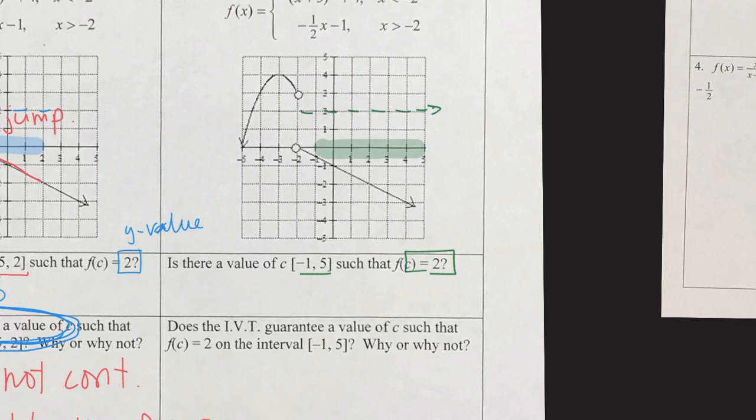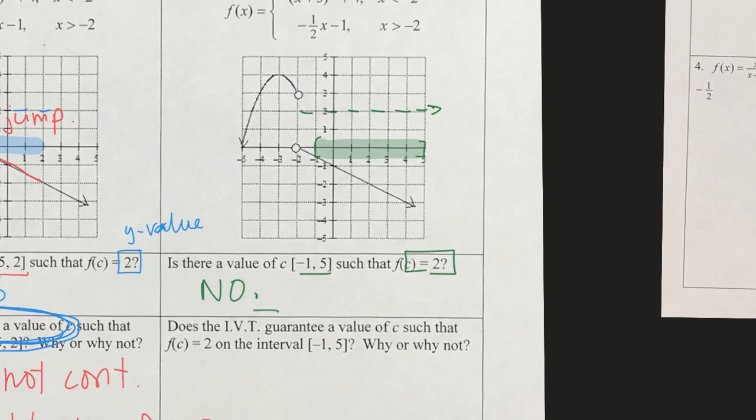Does the line y equals 2 cross our graph anywhere? No, it does not. So there's not a value of c such that f of c equals 2. That graph does not cross positive 2 in our interval from negative 1 to positive 5.